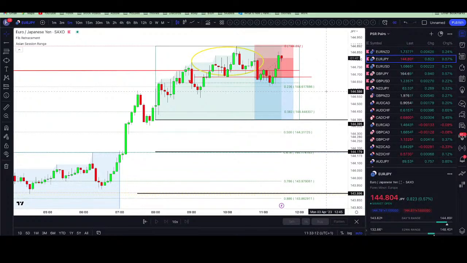Let's see. It looks like these two are going to stop loss right now, the way they are set up.